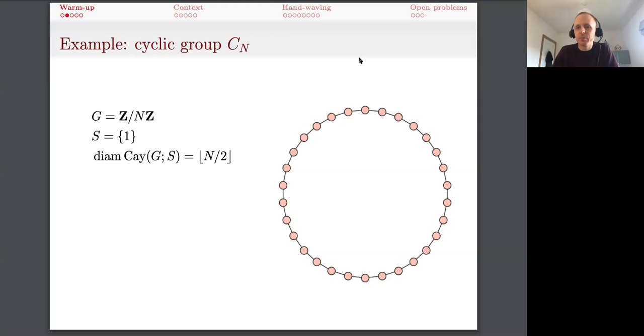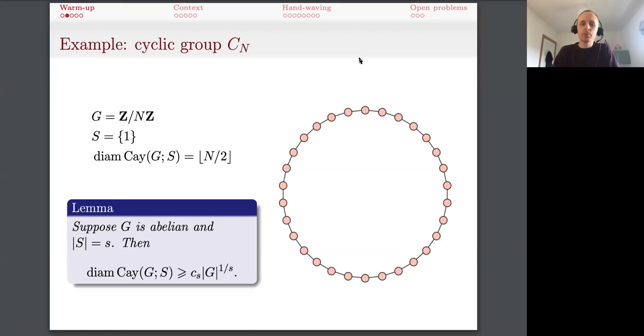And this is actually a general symptom of abelianness. So here's an easy lemma. If you have an abelian group and you have a generating set of size s, then the diameter of your Cayley graph with respect to this generating set of size s is at least some constant times the size of your group to the power 1 over s.